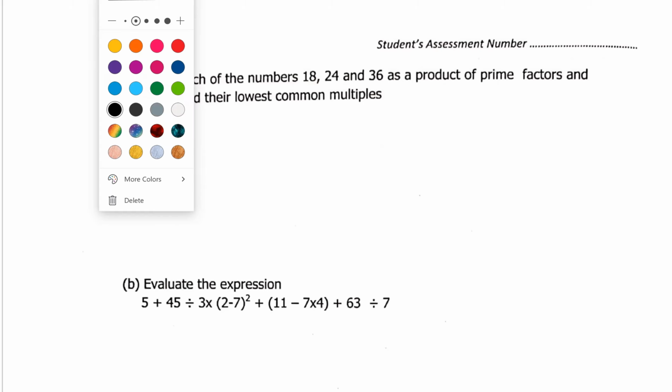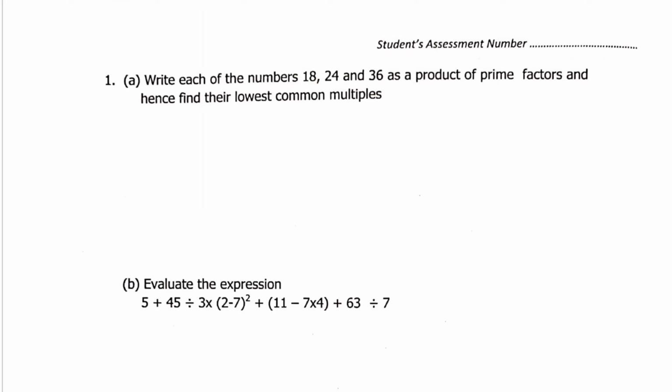So question number 1, as you can see it: write each of the numbers 18, 24, and 36 as a product of prime factors, and hence find their lowest common multiple.